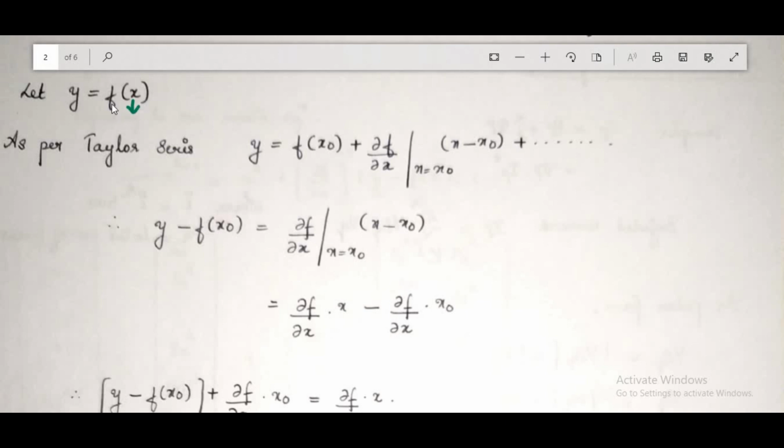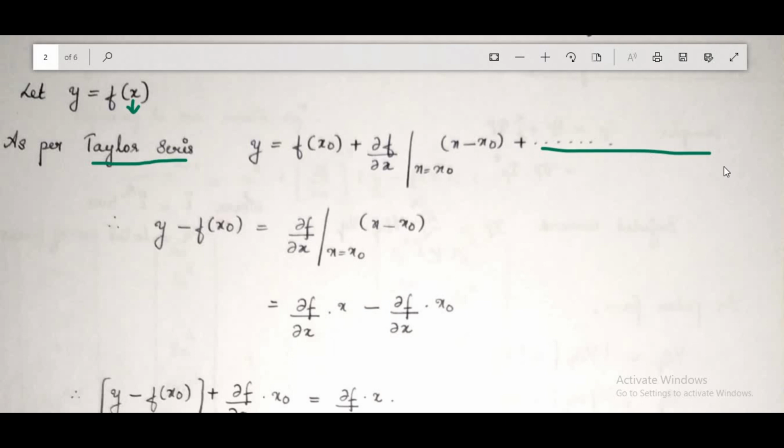Now you have an equation like this function, and how will you expand this? You'll be expanding this equation with the help of Taylor series. If you have a function y is equal to f of x, according to Taylor series, you'll be expanding like y is equal to f of x0 plus del f by del x at x equal to x0 into x minus x0, plus so many higher terms divided by n factorial like that.